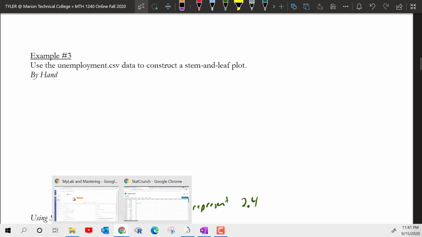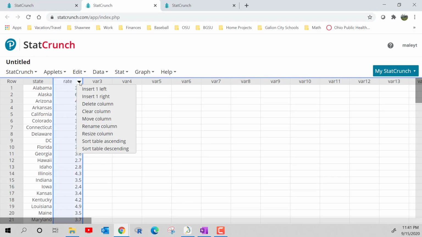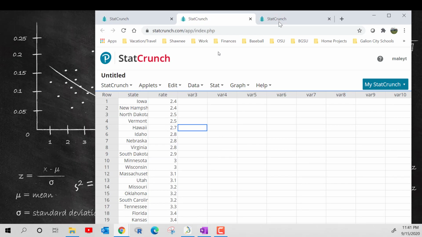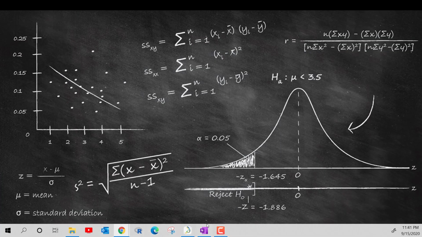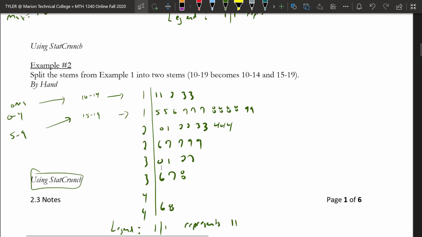If I go back to my data set, what would be really helpful is to put this in order, so I can sort this, and then go through and write in my stem and leaf plot. When you're doing the stem and leaf plot, it's correct to list the leaves in numerical order.